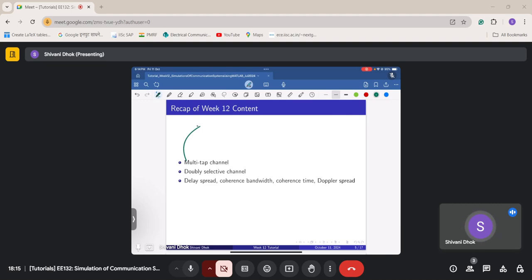This multi-tap channel you can write as y(t) equals summation over k, where k is the tap index, of h_k(t) s(t minus tau_k). Here h_k is the channel coefficient, tau_k is your delay, and s(t minus tau_k) is the delayed version of your signal.